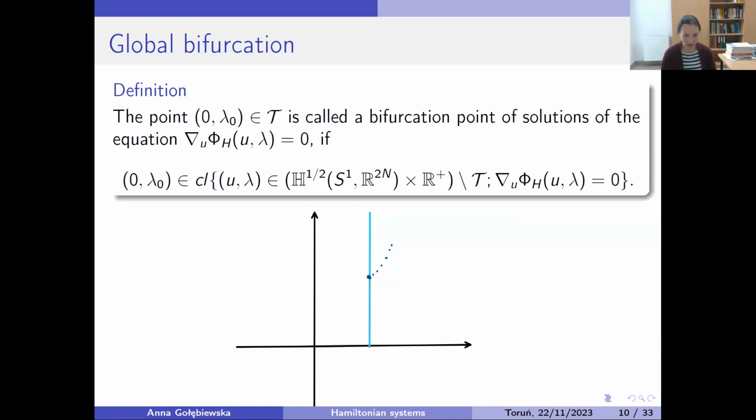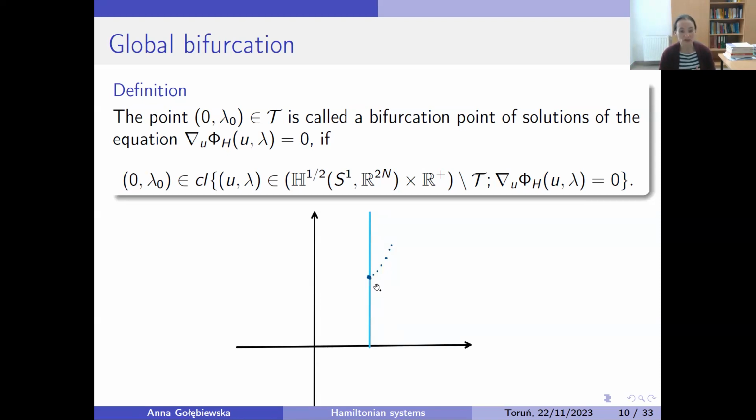For each parameter lambda, I have a trivial solution. And then there is one point on this line with a sequence of other solutions converging to this point. Let me observe that this sequence does not come from my line of trivial solutions. And this accumulation point of these non-trivial solutions will be my bifurcation point.